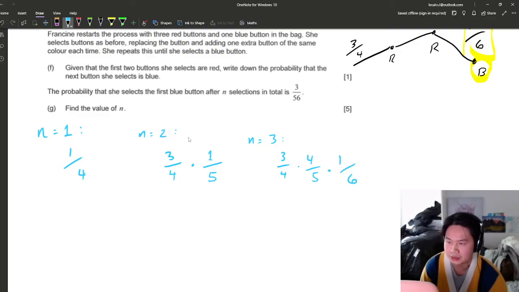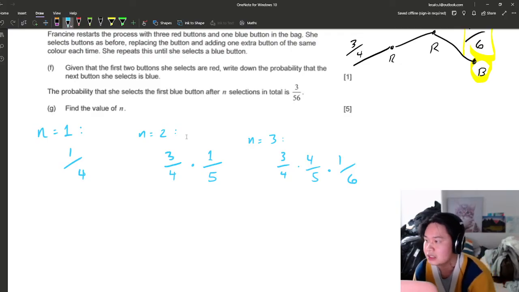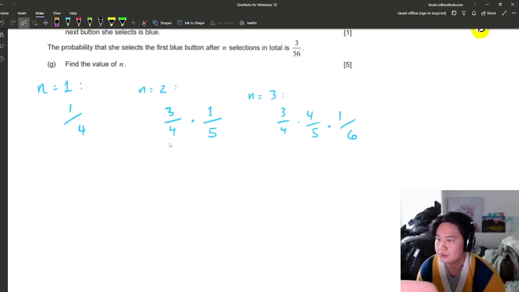And maybe you can sort of see a pattern appearing with the numbers. So red, red, red, and then blue.